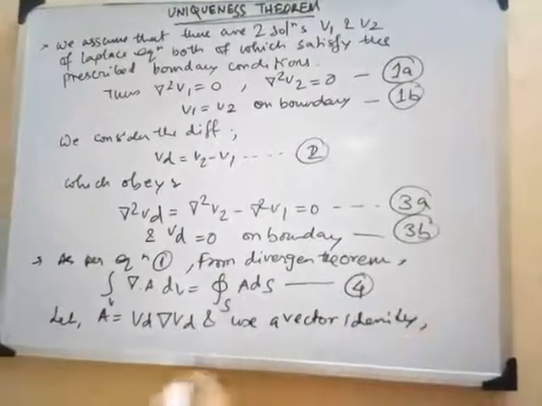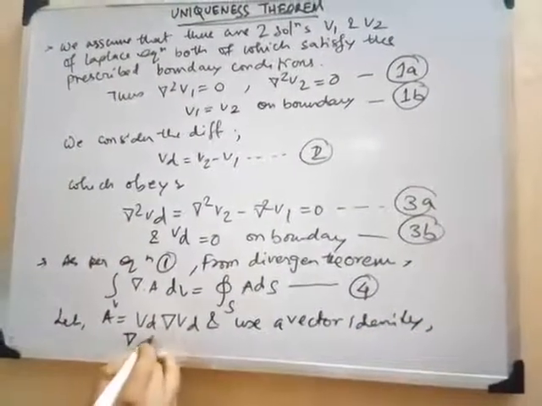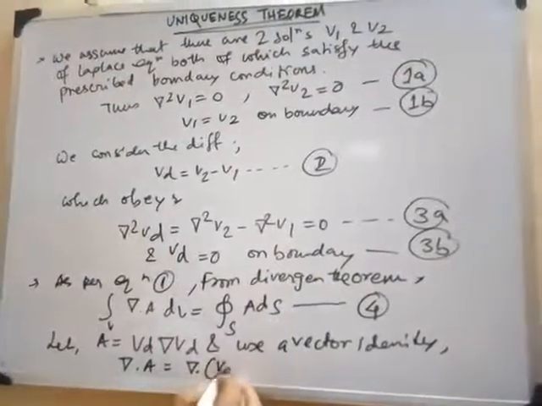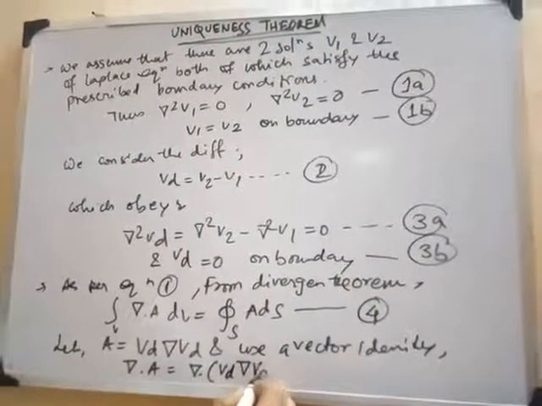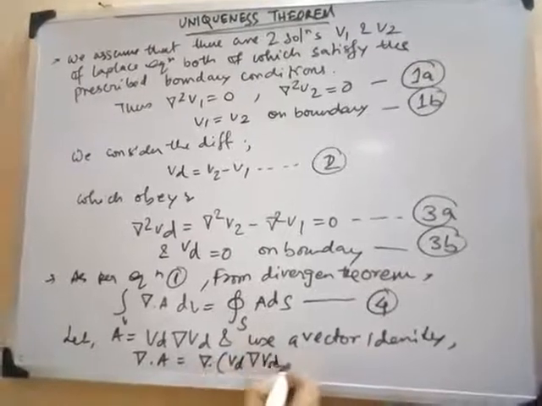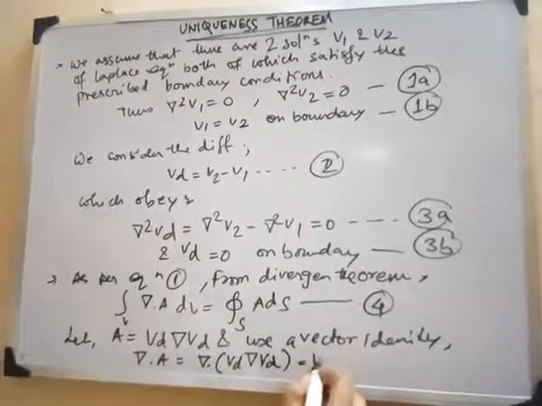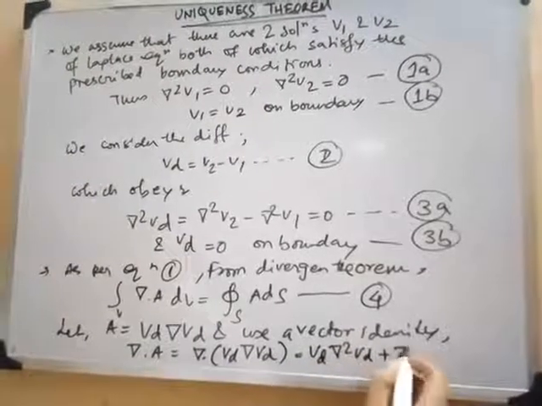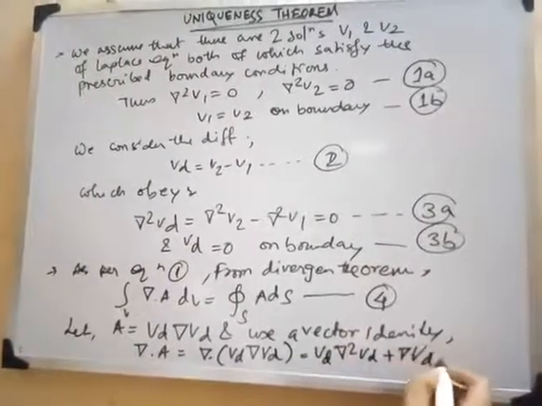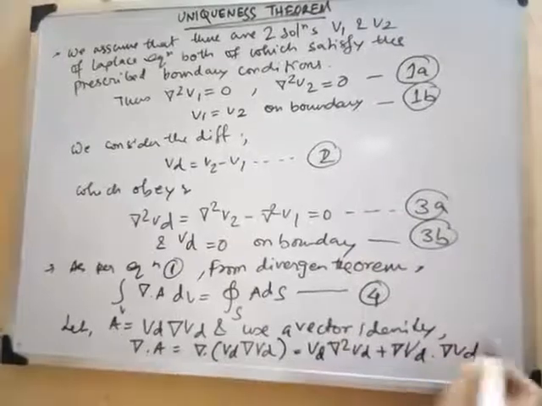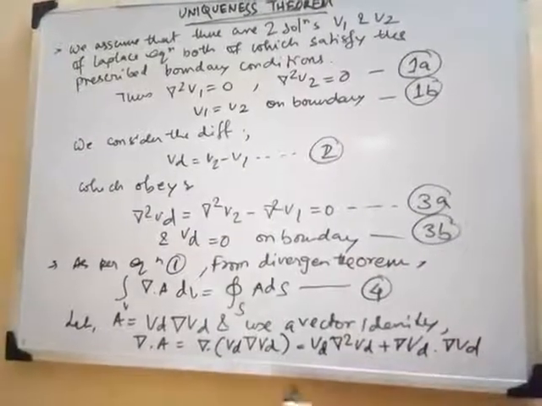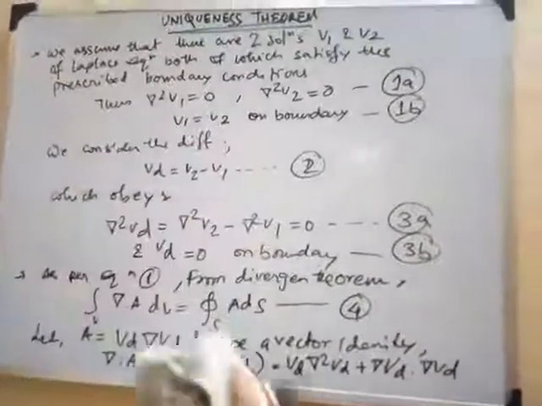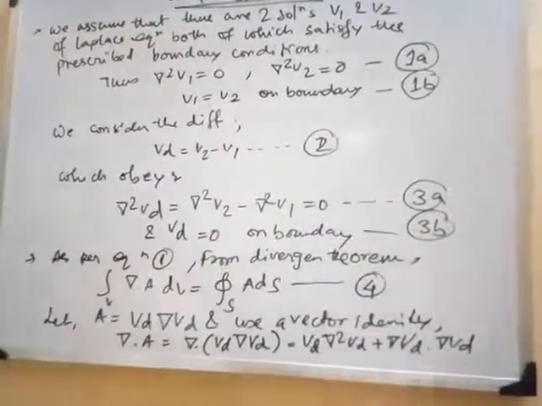What is the vector identity? Del dot A is equal to del dot (Vd del Vd), that is equal to Vd del square Vd plus del Vd dot del Vd.